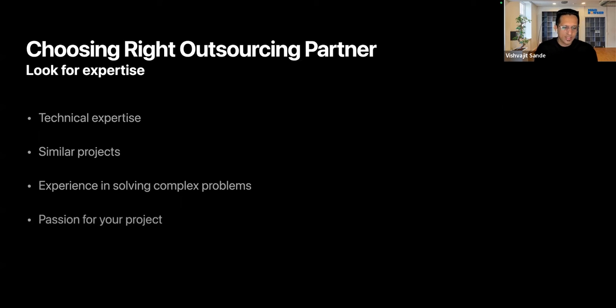And the last is, does that team really have a passion for your project? This might be the last point on this slide, but it is very important, because unless you have a passion for building a product, you won't be doing that, or the development team won't be doing that with the same dedication or devotion.